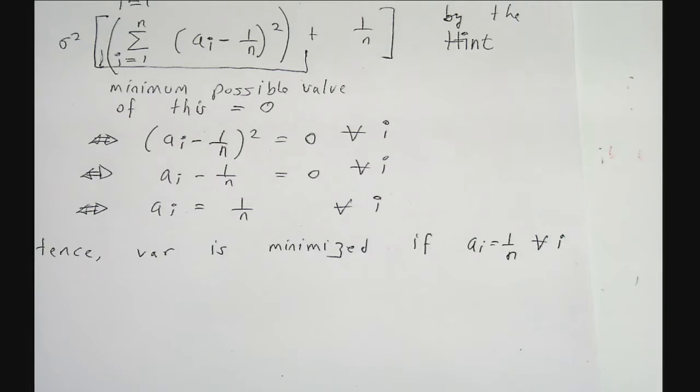The variance gets the smallest possible value when ai is equal to 1 over n. You okay? Clear? You just shout at me if it's not clear. I'll try to help you.